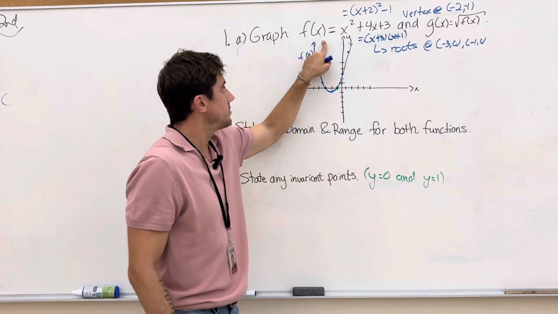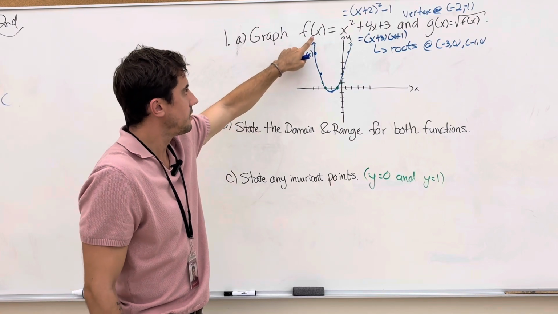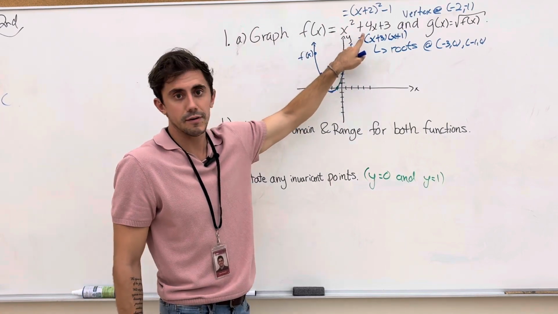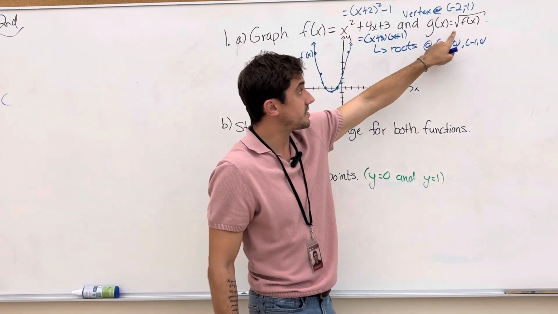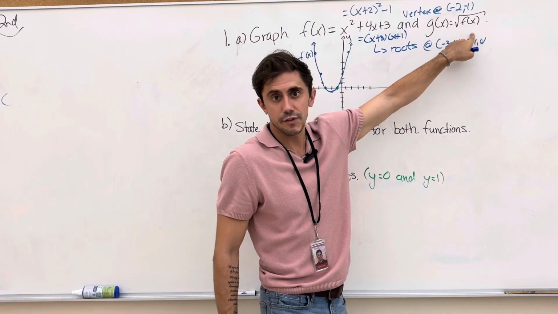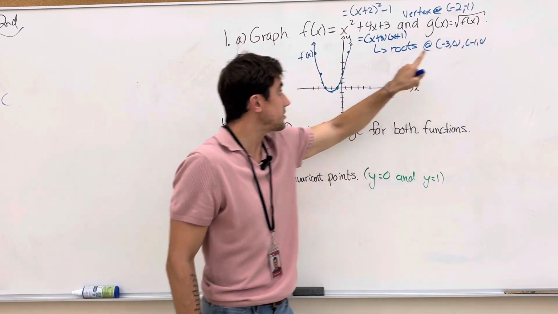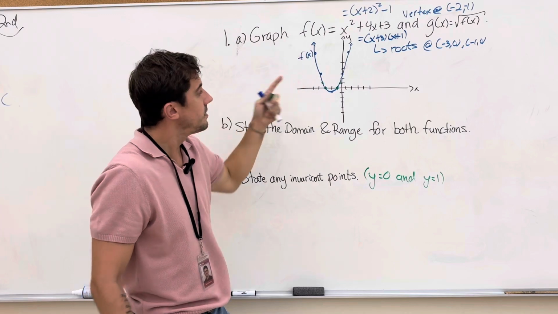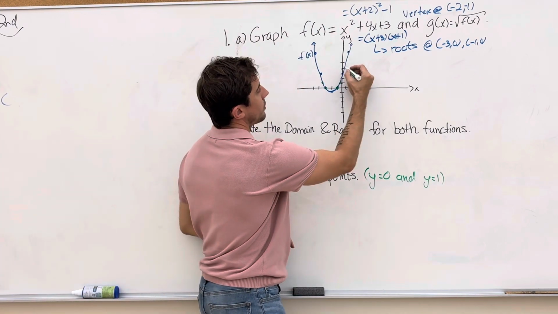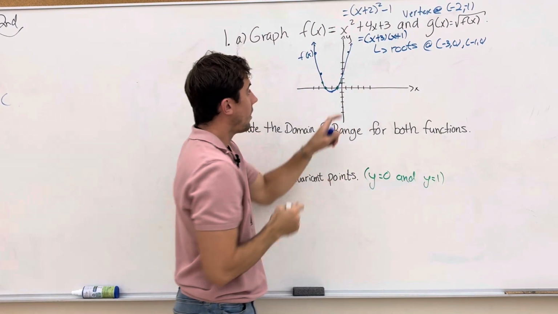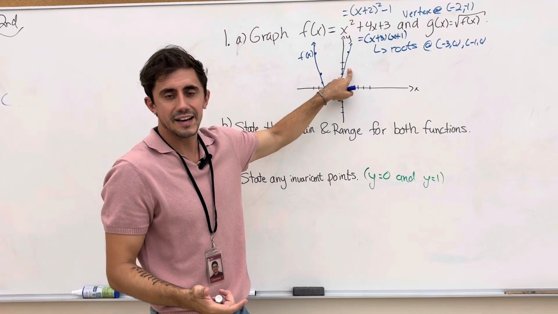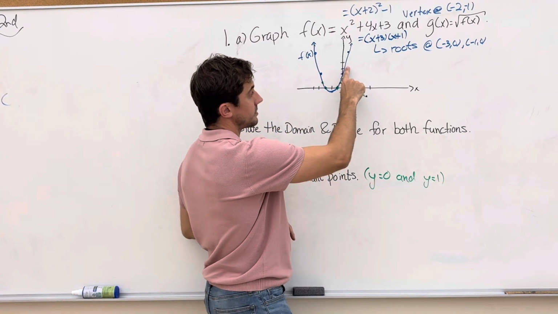Because f of x gives us the y-coordinates of the points on this parabola, and so g of x takes the square root of each of those y-coordinates. For example, at this point here, when y is equal to 4, that's a nice point to use because the square root of 4 is 2.